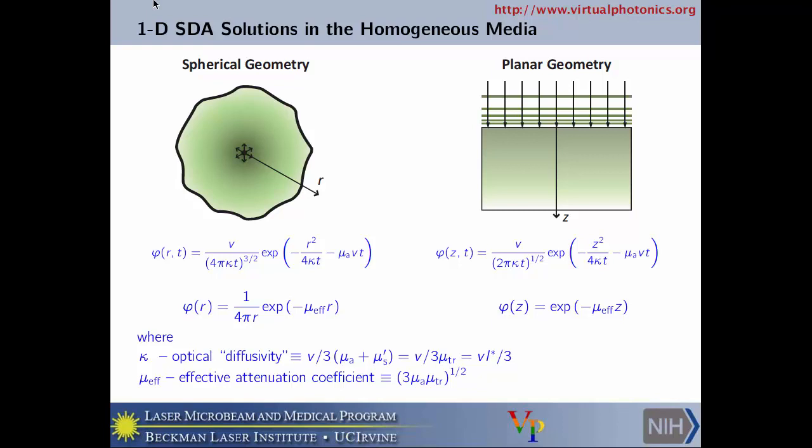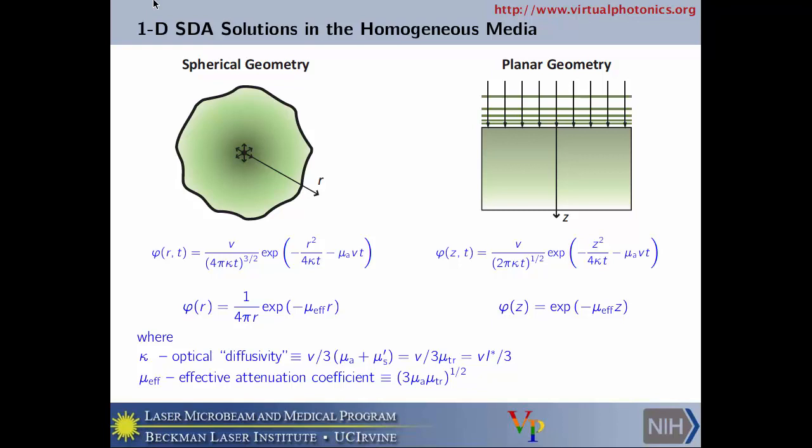A couple features here that are of note is that you can see the loss of light as a function of path length due to absorption. So the velocity times time gives you a path length, and multiplied by mu sub a, that's essentially the Beer's law effect here.